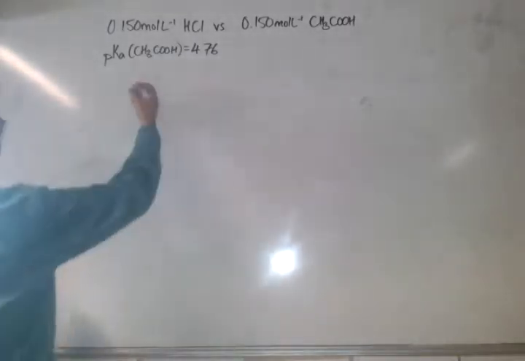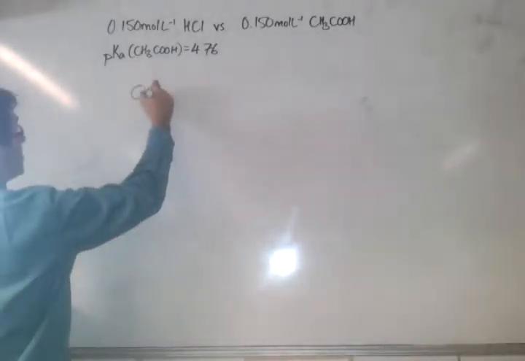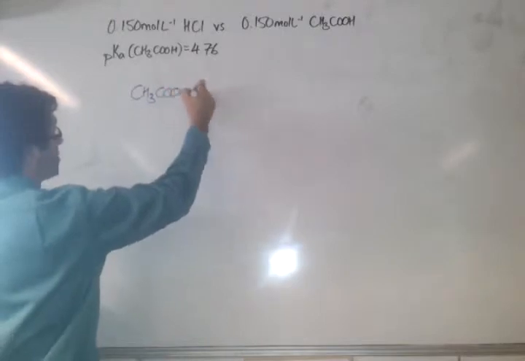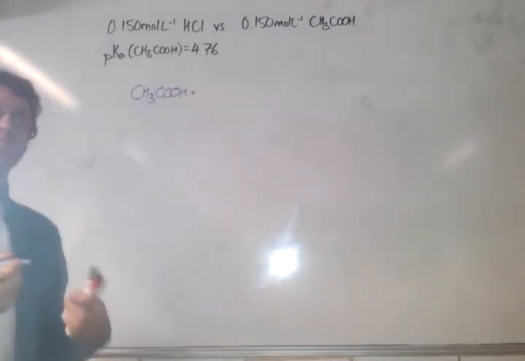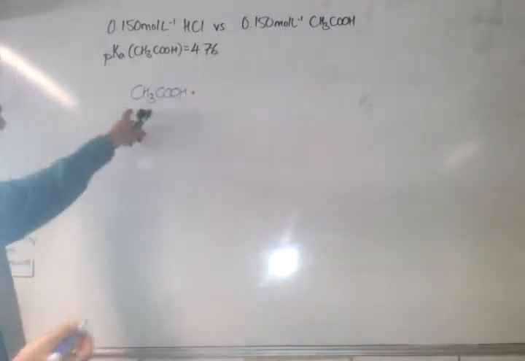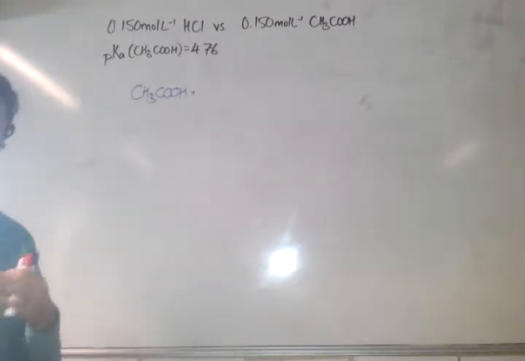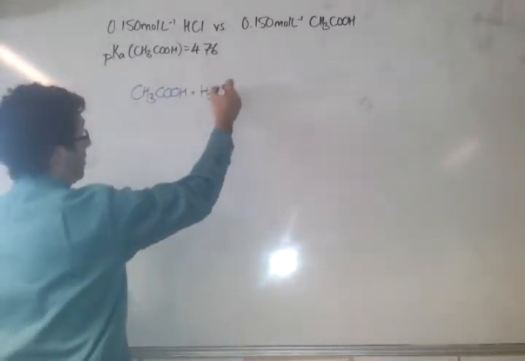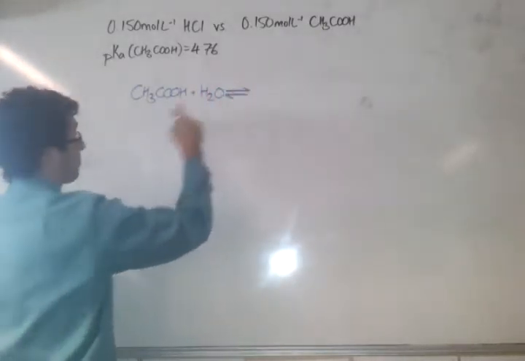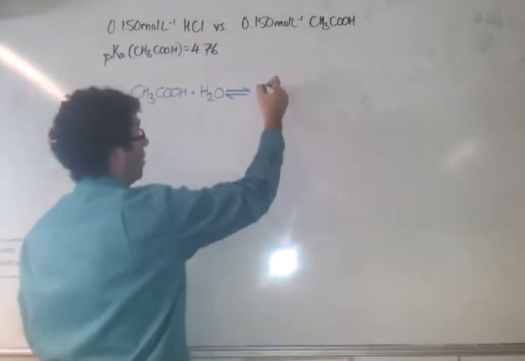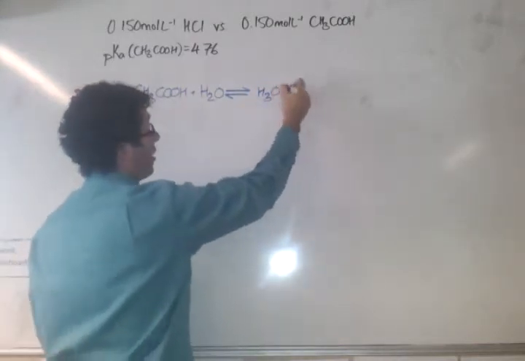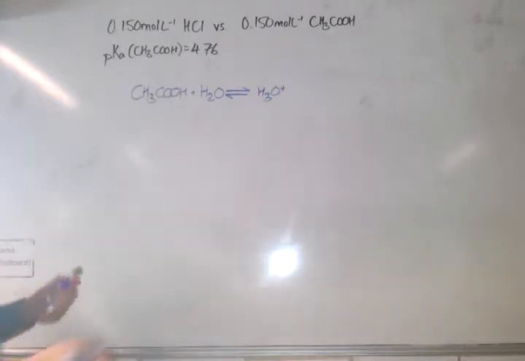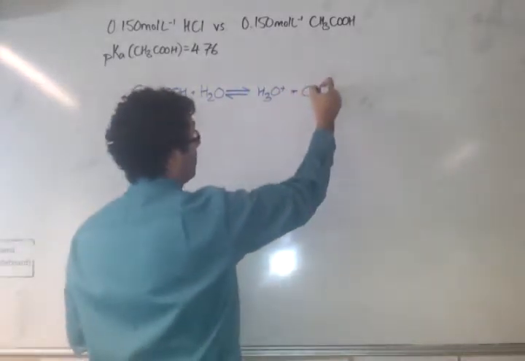So ethanoic acid, CH3COOH, when it's put into water, actually quite a lot of the ethanoic acid molecules stay together. Only some of them dissociate, which means it's an equilibrium, becoming hydronium ions, just like in our strong acid example, and the ethanoate ion.